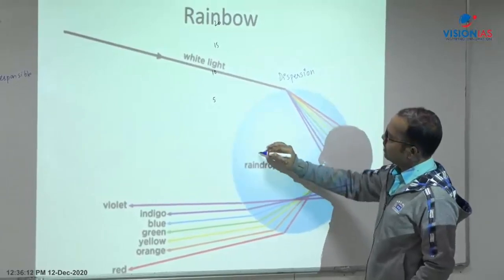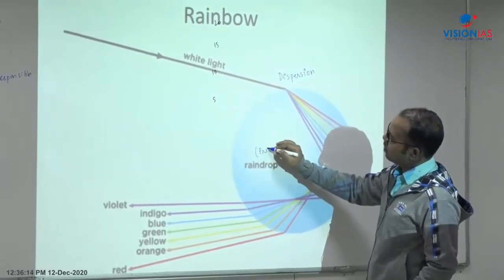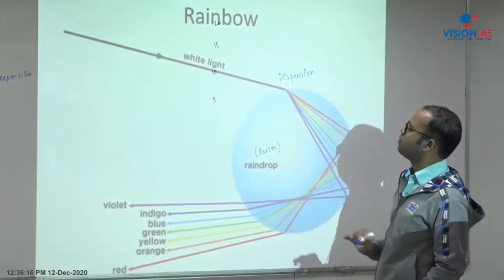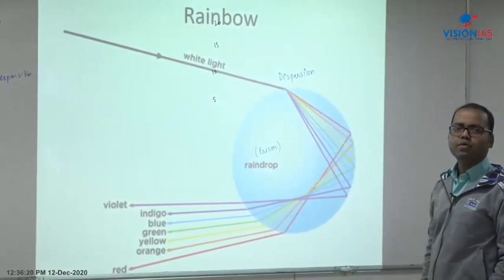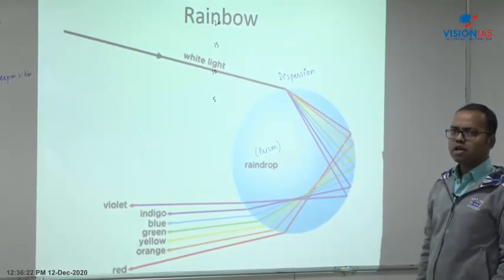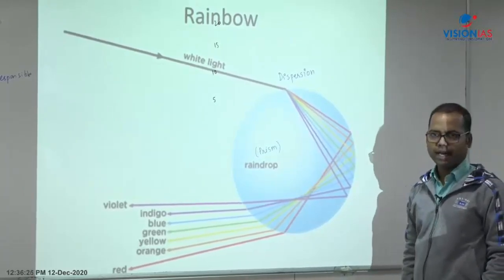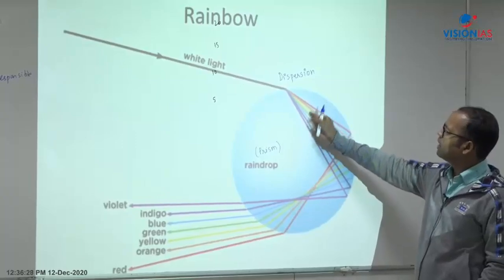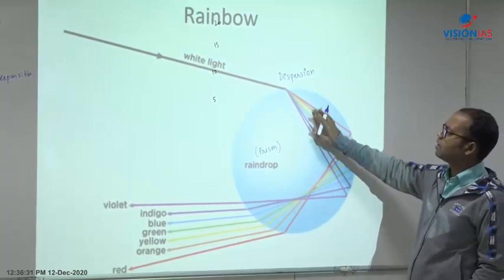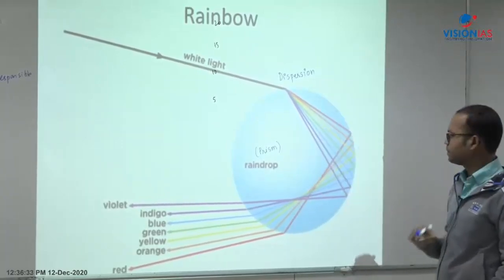So actually a rainbow is behaving like a prism. In a prism you have seen that white light splits into 7 individual colors. Here raindrops are suspended in air, so because of that the light splits into 7 individual colors. That is the phenomenon of dispersion.